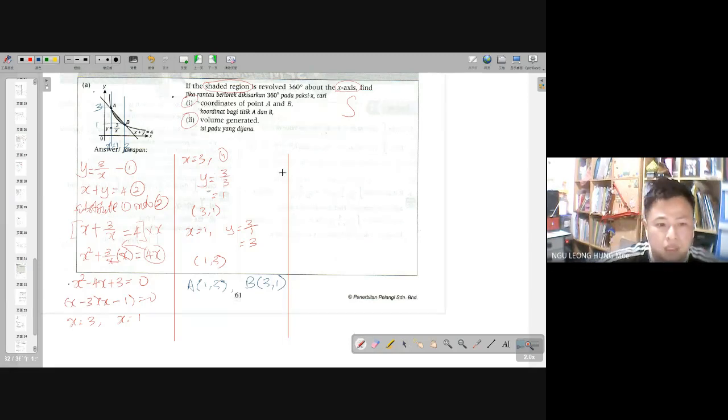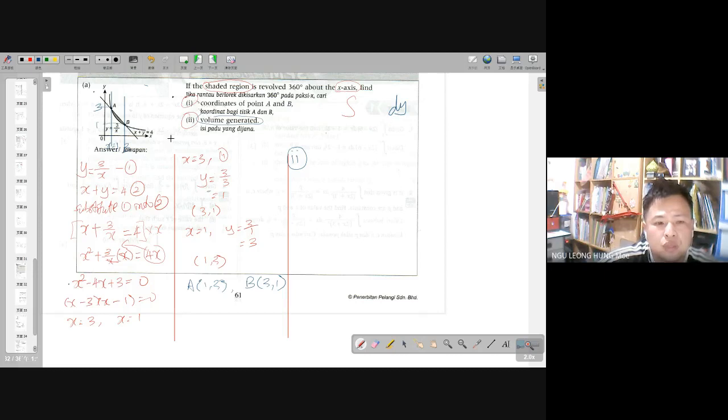Okay, then the second one. Volume generated. If we talk about volume, we normally have two options. Either we get the volume under the y-axis or the x-axis. If you want to do it about the y-axis, you have to integrate by dy.